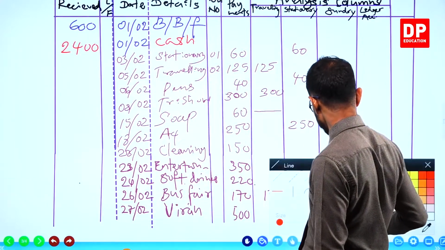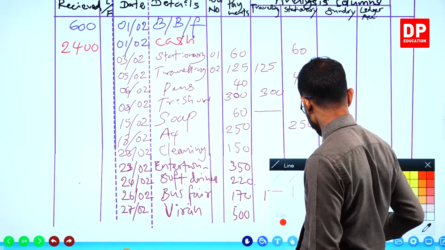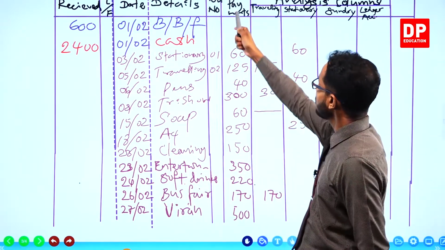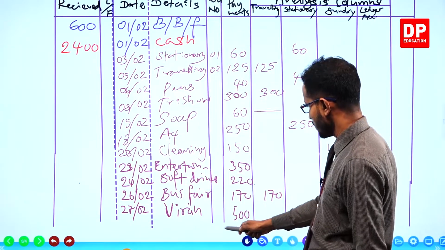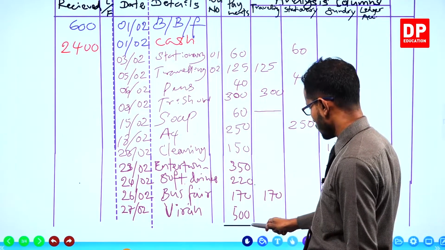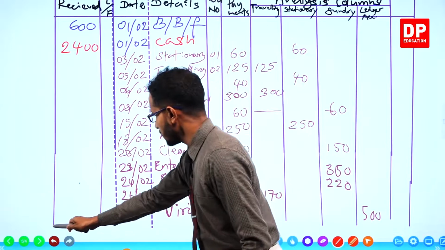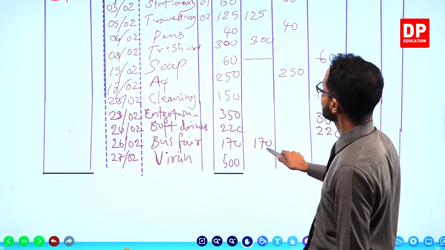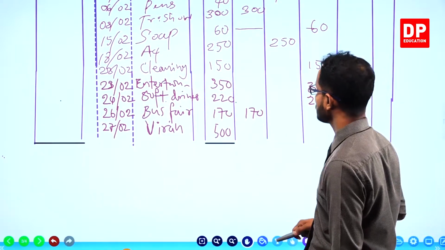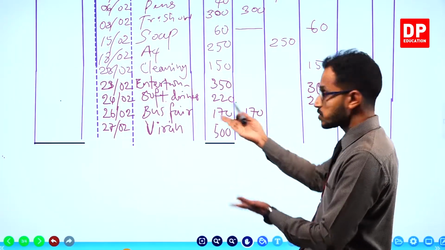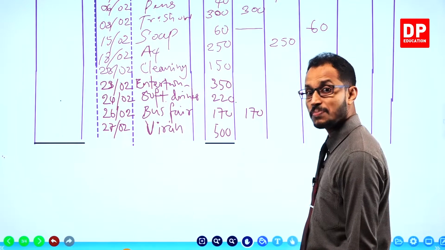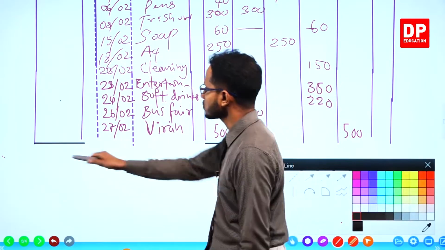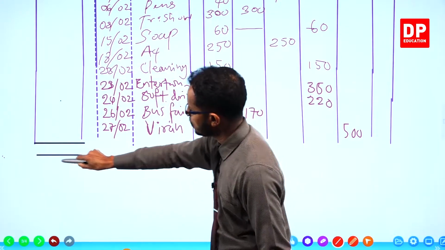Let's just mark the columns first. Payments column. In this column, we need a sum box, so we'll draw the upper line and we'll take the petty cash book upwards, so now we have space. Now let's draw the sum box.